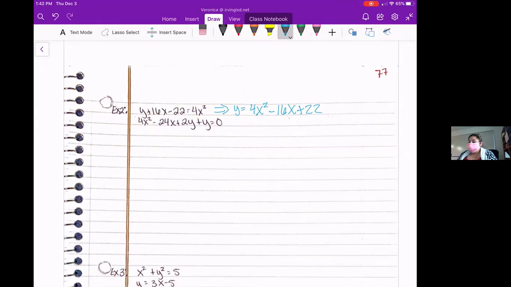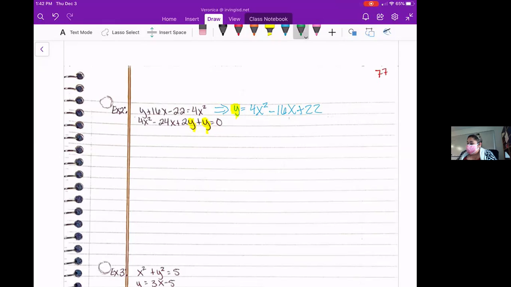Right? So all I did is I kept the 4x squared on that side, I subtracted the 16x, and I added the 22. So now I have one of these isolated for y. The other thing you should have noticed is that on the second one, I have 2 y's. I don't want to plug that in 2 times.